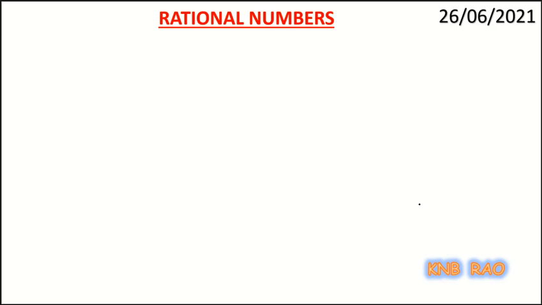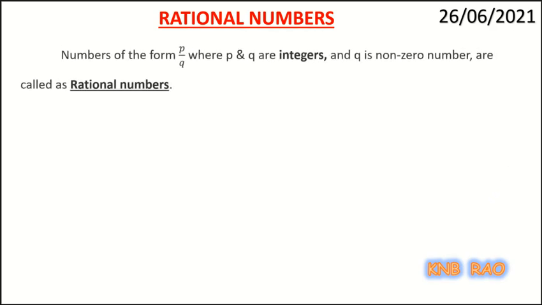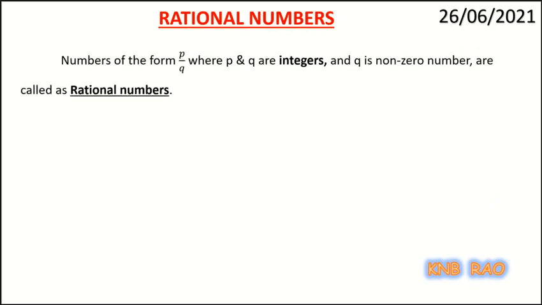Students, you know rational numbers are defined as numbers of the form p by q, where p and q are integers and q not equal to 0, or we say q is a non-zero number.